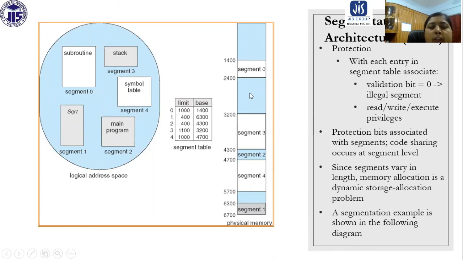In the main memory, 1400 is the starting of segment 0, and then the limit is added to 1400 to give 2400, which is the ending of segment 0. Now if you search for segment 3, what is the base address? 3200. So this is the starting, and the limit is 1100. So 1100 is added to 3200, and we have 4300 as the end address. In this way, the segmentation is done.